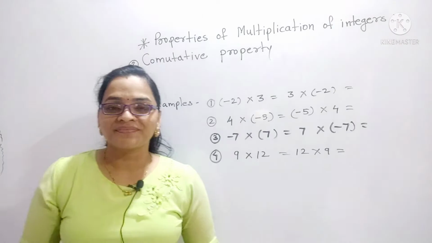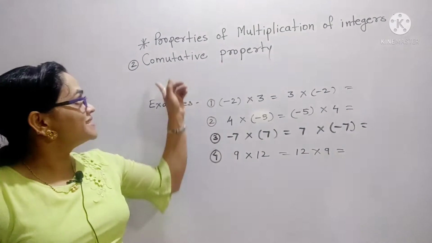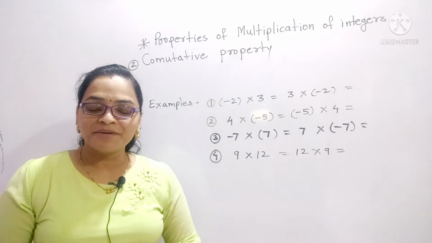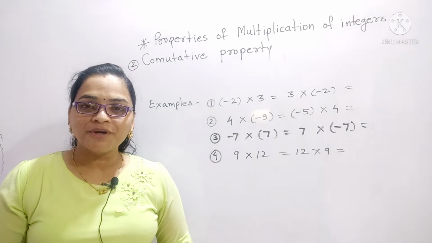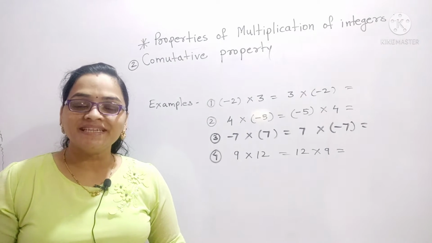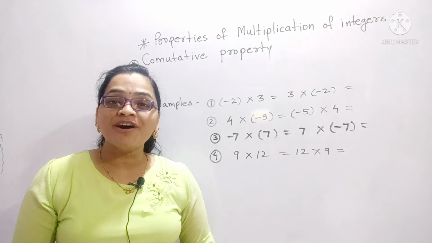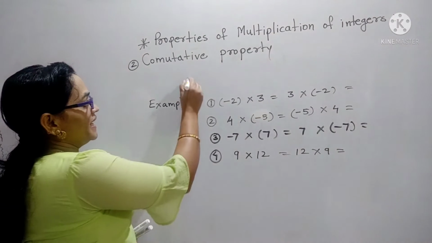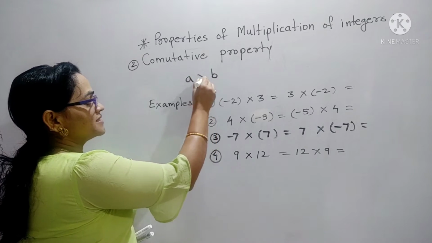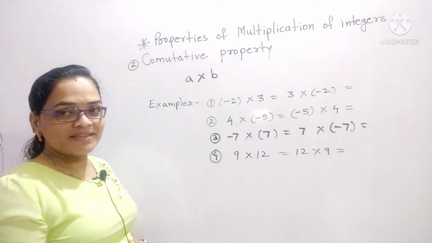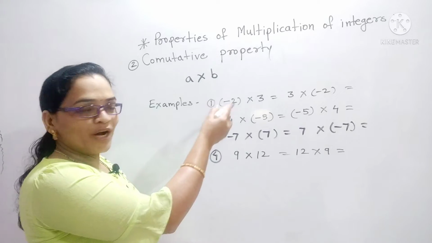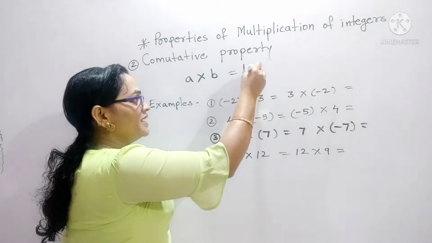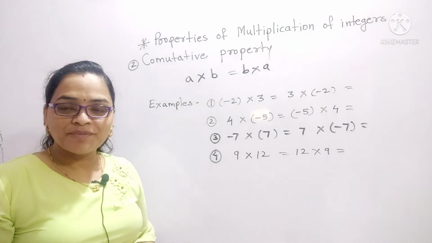Second property, see. Second property is the commutative property. What is the commutative property? The product of any two integers in different orders remains the same. Means what? If a and b are two integers and we have to find its product, then a into b or b into a, we are getting the same product.